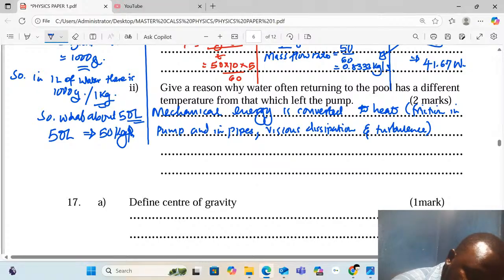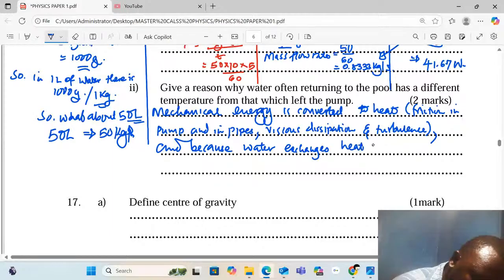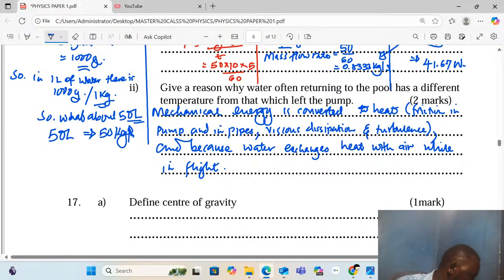And the other one, we had said that the water will be exposed to different surfaces, and because water exchanges heat with air while in flight. So that is something that is very important.